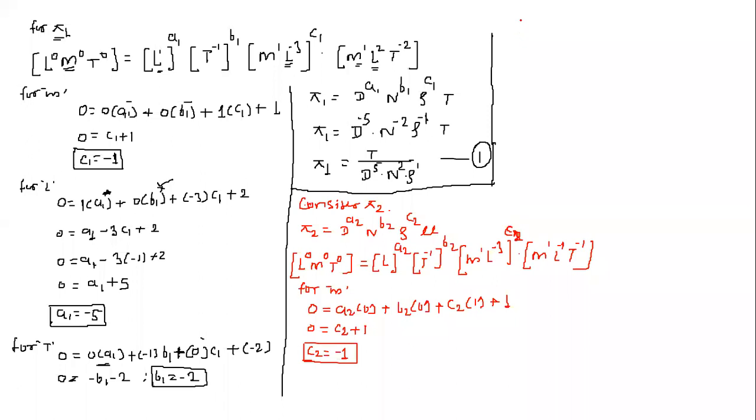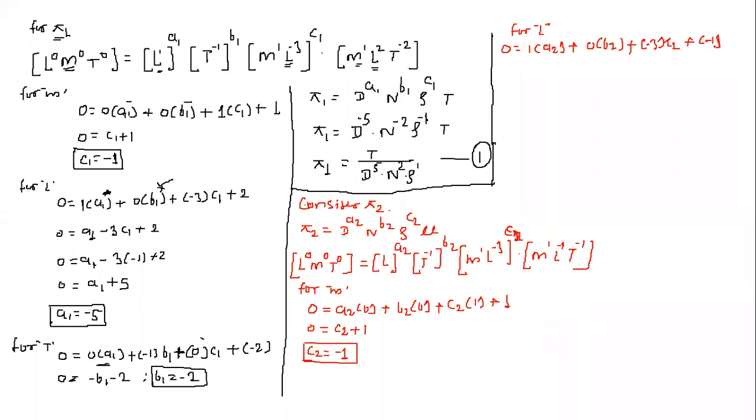So for getting the power of b2 and a2, as in the previous one, we'll go firstly comparing the powers for L. Okay, so next I'd like to go for comparing the power for L. So left hand side as usual 0 is equal to, in the first there is L with power 1, so 1 into a2, plus in the second there is no L, so that will be directly 0 into b2, plus the third one, -3 into c2, plus of -1 will be there.